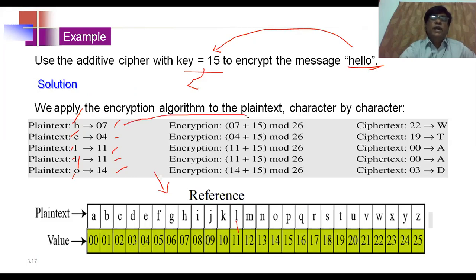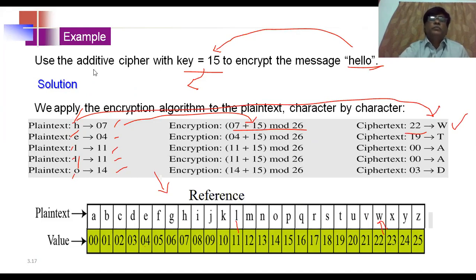So for 7, I am adding 15, then I got 22. 22 mod 26 means 22. What is its equivalent character in our assignment? 22 is W. So the character H is converted into W.